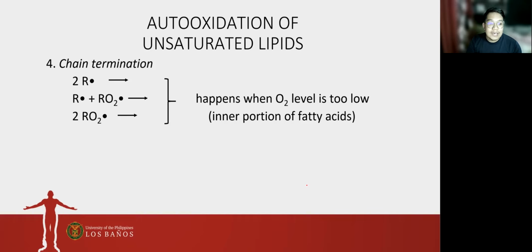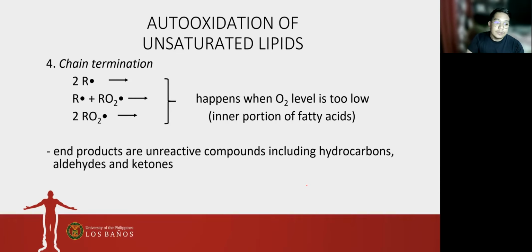So wala nang oxygen na pwedeng mag-proceed for the chain propagation step. So pag hindi na makakapag-propagate, yung mga radical ay sila-sila na lang yung nagko-combine as we terminate the chain. Okay? And the end products are unreactive compounds including hydrocarbons, aldehydes, and ketones.